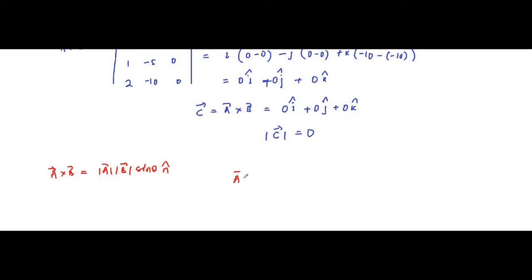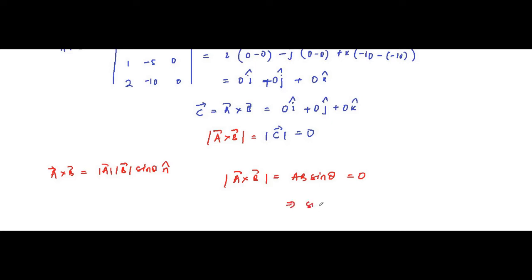The magnitude of the cross product is simply a b sine theta. Here the magnitude of the cross product, a vector cross b vector, is equal to 0.